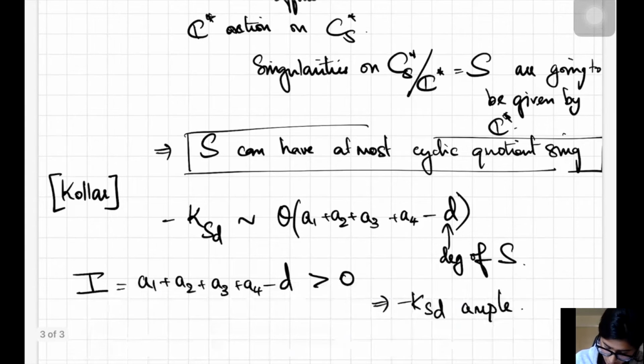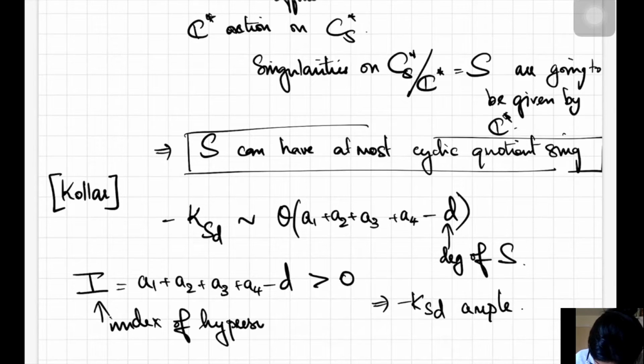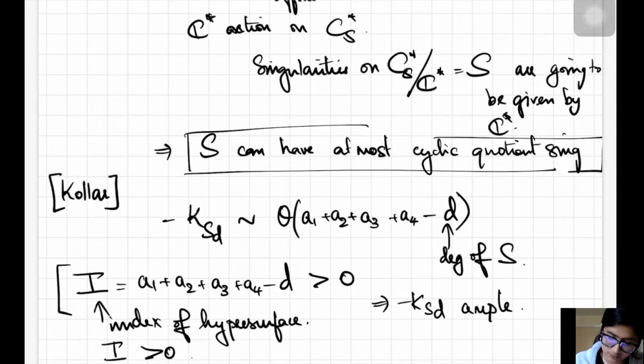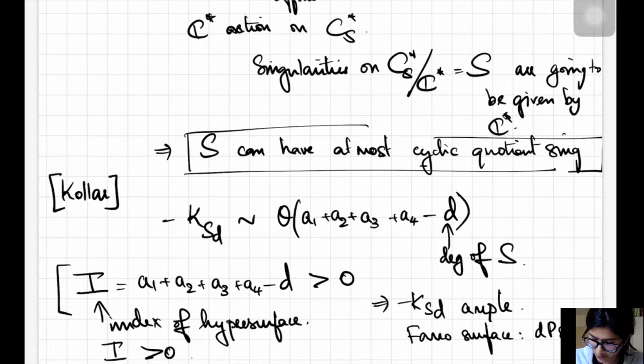This is what we call the index of the hypersurface, and we always assume this. So in our setup, our I is always greater than 0, so the anti-canonical is always ample. We are looking at Fanos, and because it's a surface, it's a Fano surface, so that's a del Pezzo surface. As I had shown before, you can only have cyclic quotient singularities. So this is our setup.